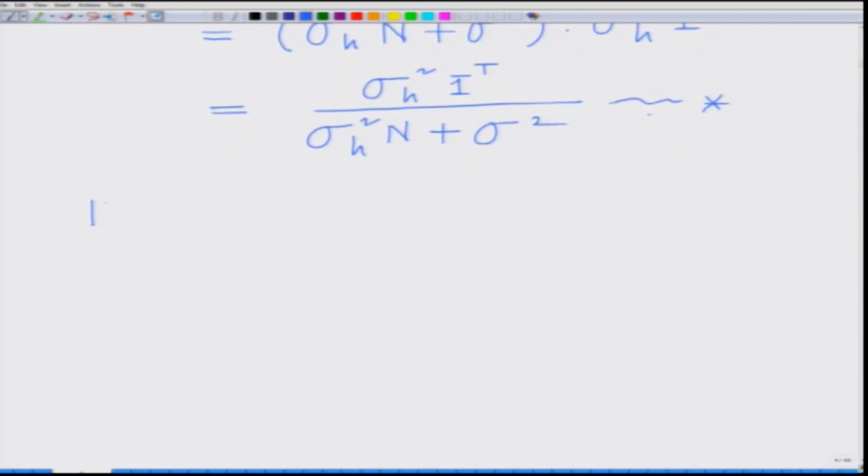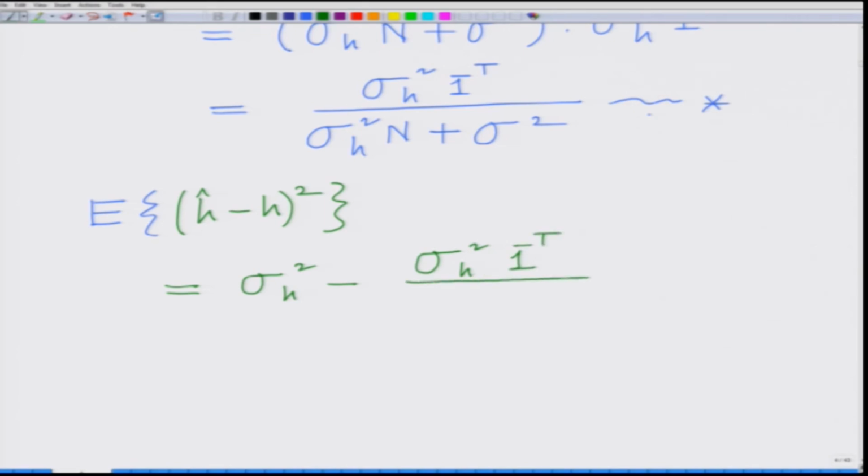Therefore, what we have is the MSE, expected value of h hat minus h whole square, equals sigma h square minus sigma h square 1 bar transpose divided by sigma h square n plus sigma square into 1 bar times sigma h square.